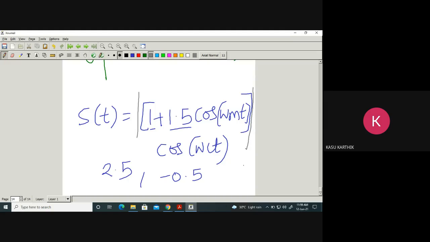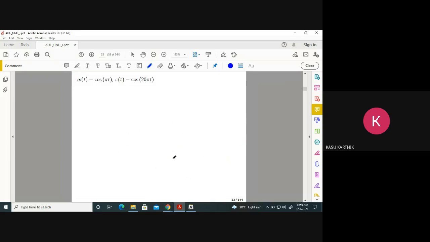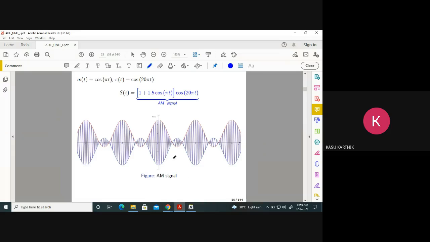Okay, so let us see what happens. Now this is how your waveform looks like. What's happening here? This is amplitude actually. It is something like this, and it is going negative also. Okay.